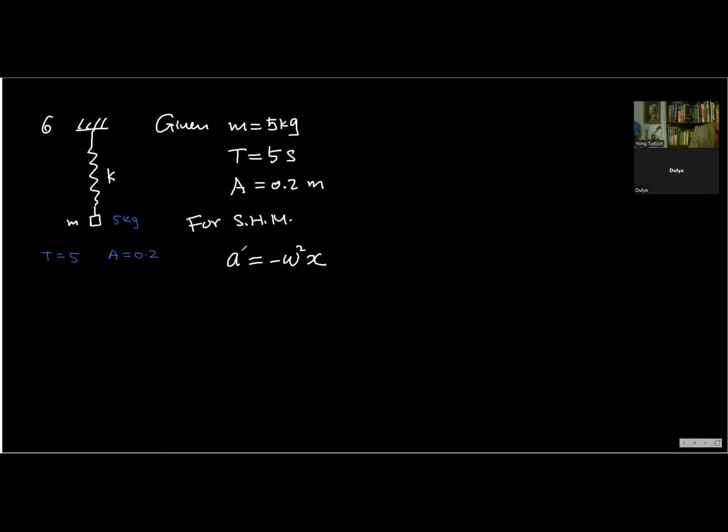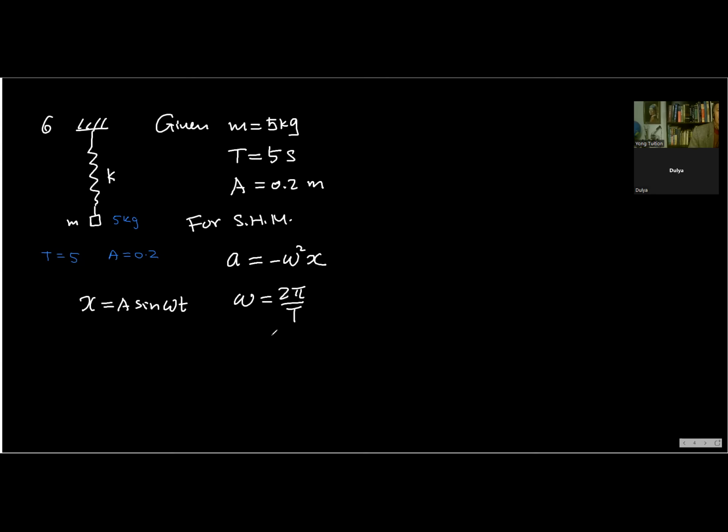That is another way to define simple harmonic motion: if acceleration can be written as a product of x and omega squared. So what is omega? Omega by definition is equal to 2 pi over T. That's why in physics I prefer to use omega. You can see this omega in the harmonic motion over here, where you use sine of omega t.